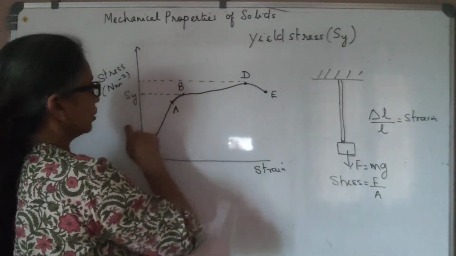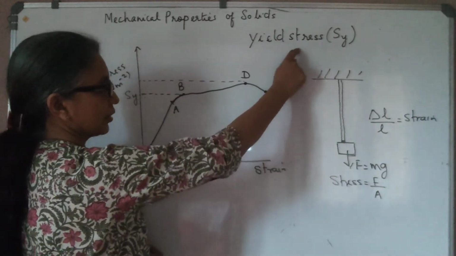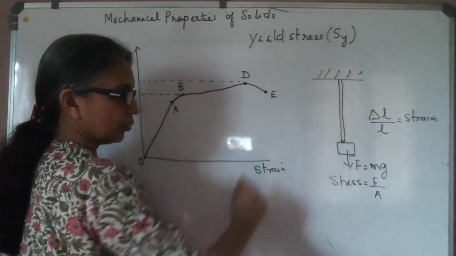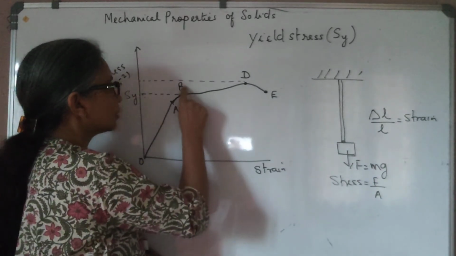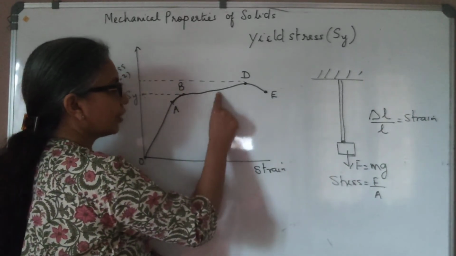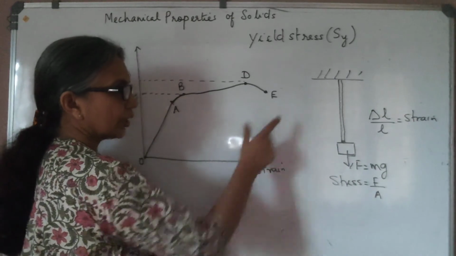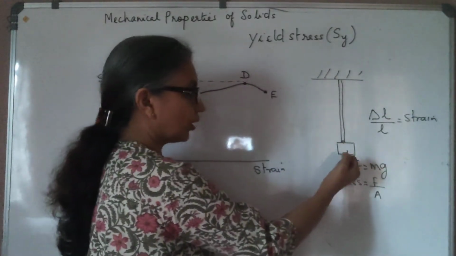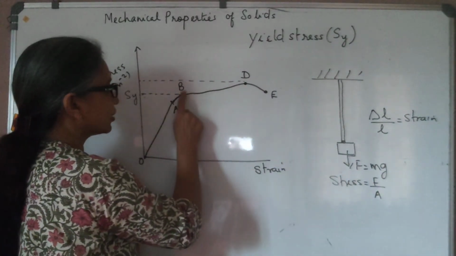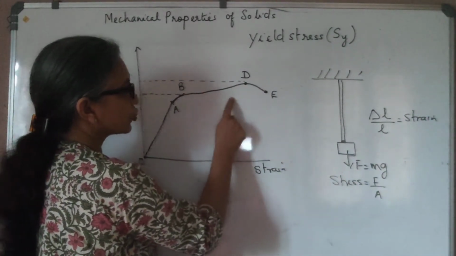Now after the maximum limit, that is the yield stress, if you load the wire, you will see that even for small increases in stress, you have a very large increase in strain. That is when you say the material starts to flow, because you are not actually loading it much. The increase in stress is very little, but the increase in strain is large.